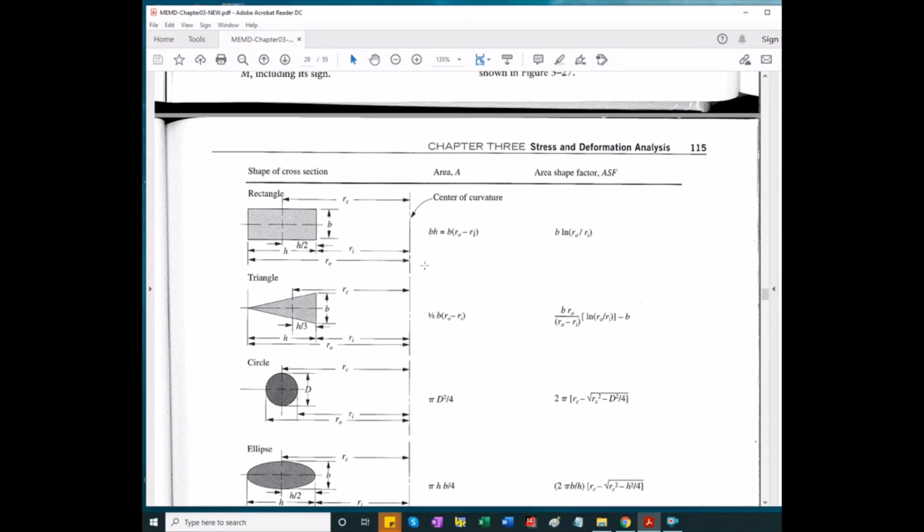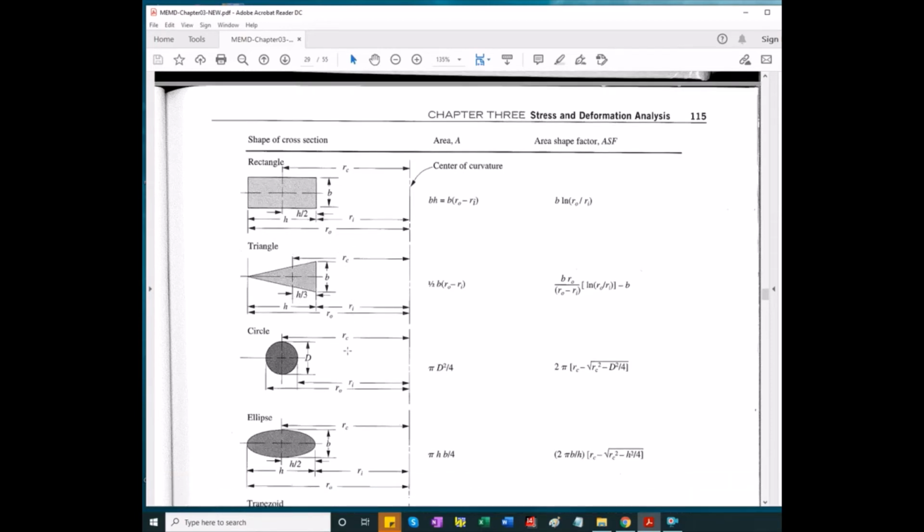Area is simple, it's just B times H. But for the area shape factor, you can see here a natural logarithm occurs. So it's going to be B times the natural log of outer radius divided by inner radius. That is the area shape factor for a rectangular cross section.